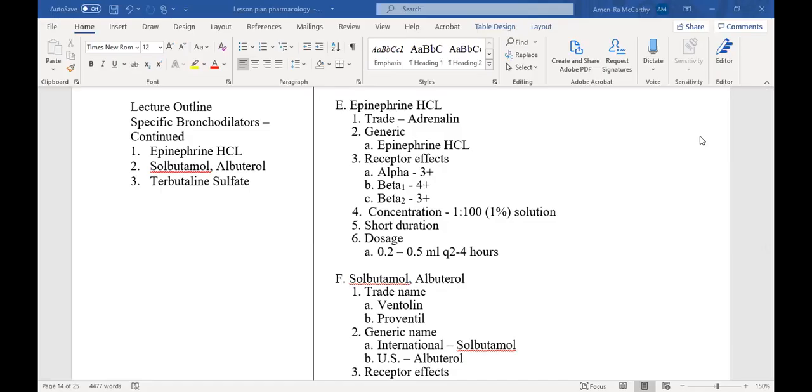Well, if somebody is about to die, they're experiencing hypotension, their blood pressure is dropping. This is when you put them on an epinephrine drip, also known as Levophed. The trade name is adrenaline, but you may also see Levophed.